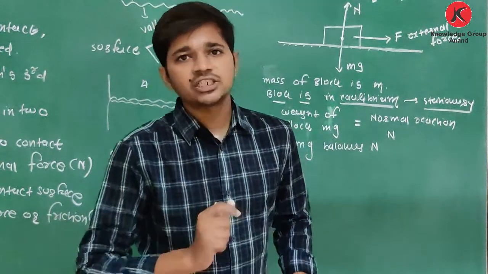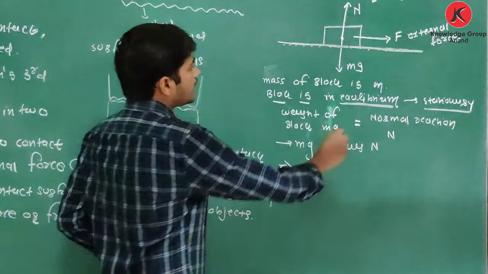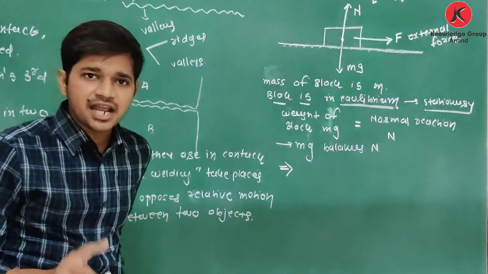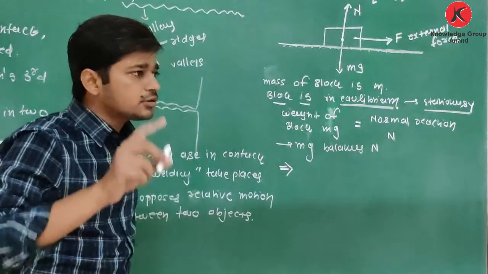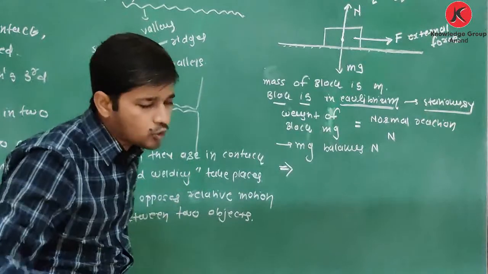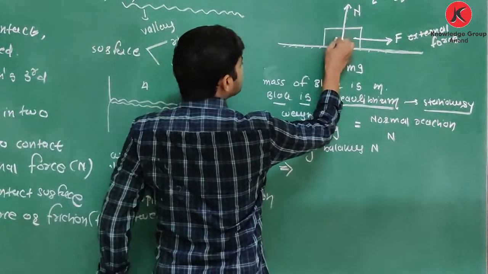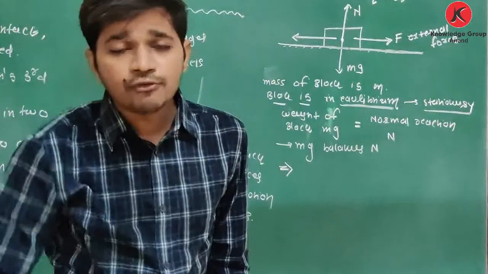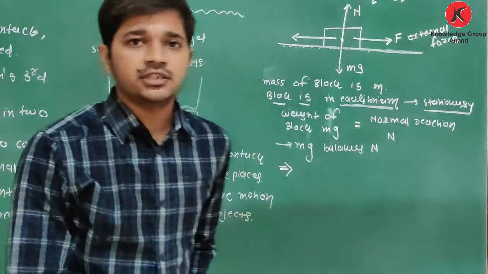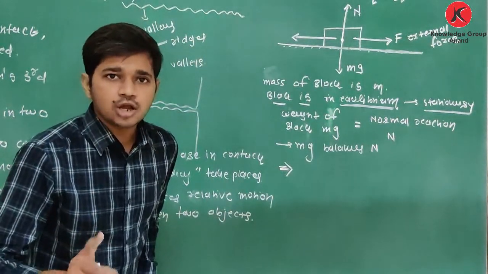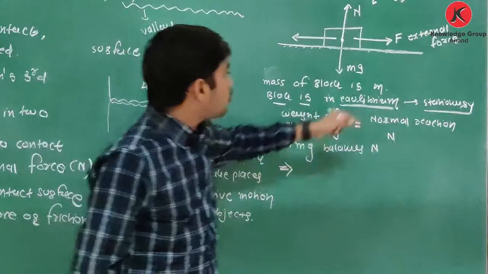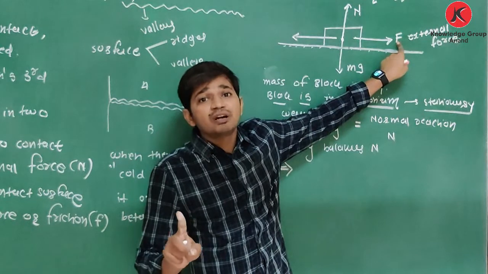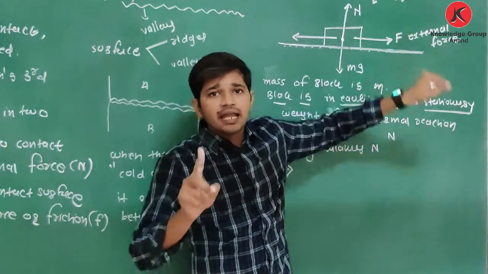So when I apply external force F in this direction and the object does not move, it means there is some other force in the opposite direction. Clear about this? Because if only one force acts, then the object moves with acceleration.